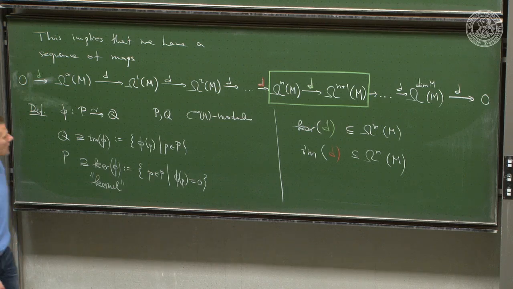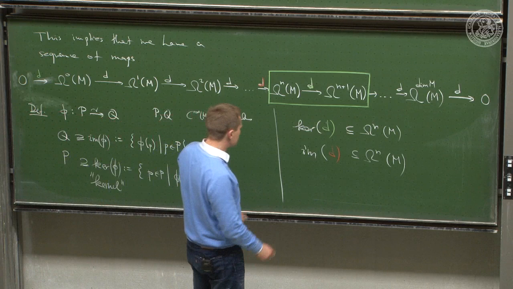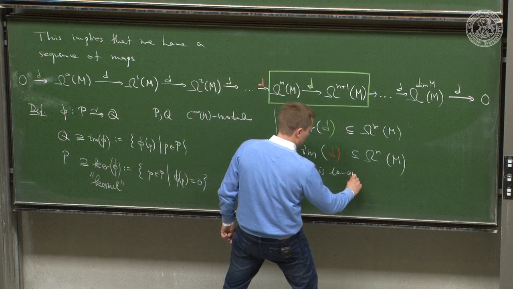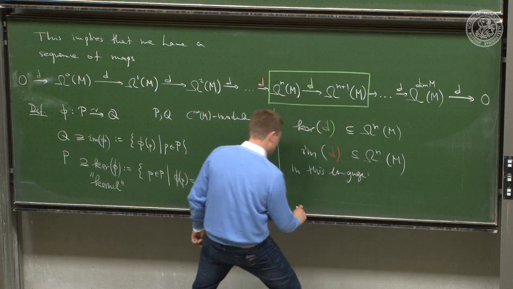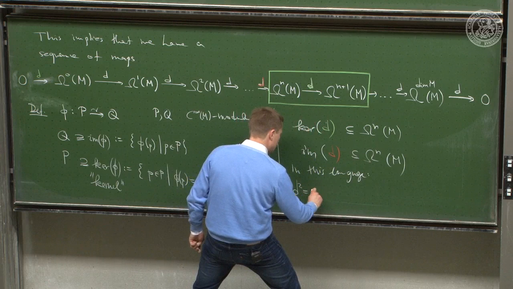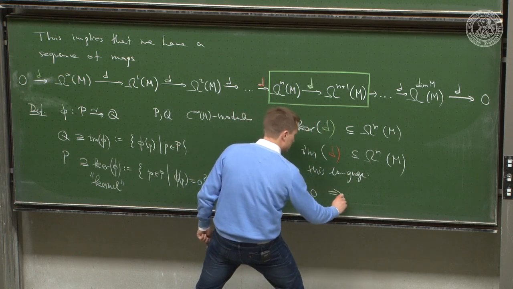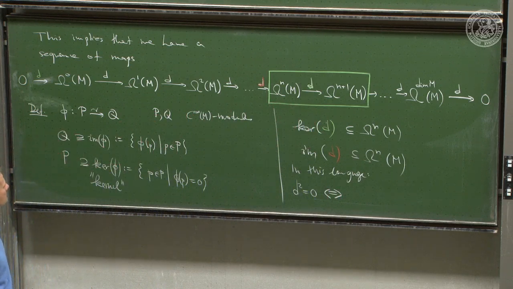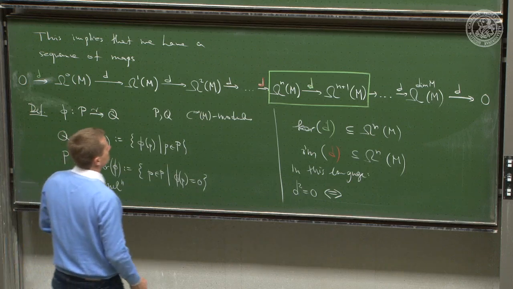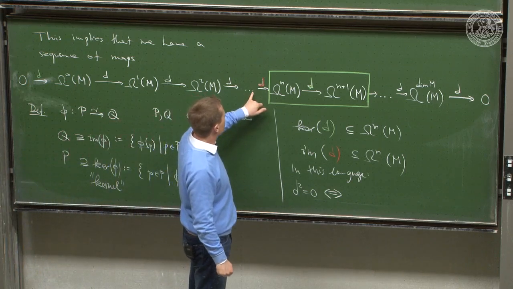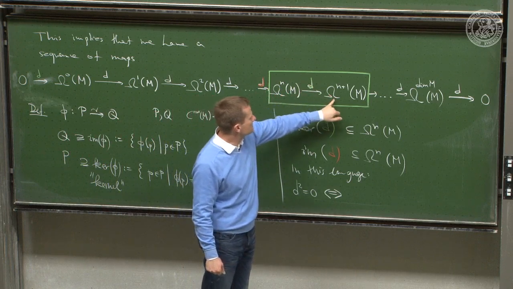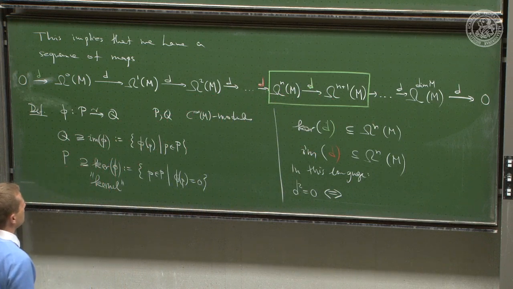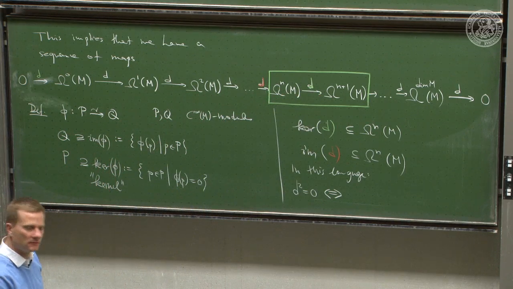That's clear, no? Okay. And so what does it now, in this language, mean that we have D after D equals 0? What does this translate to? Well, the first D takes you here, the second D takes you to 0. That means the image lies in the kernel, right?